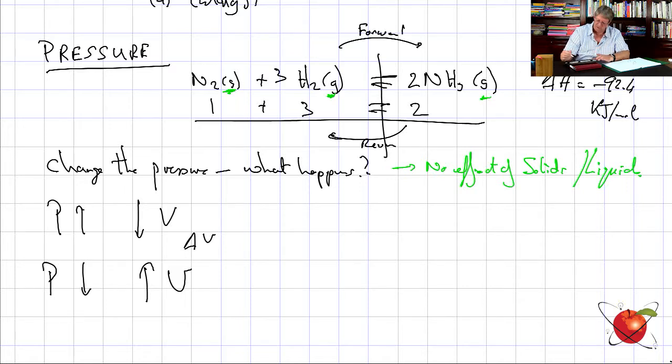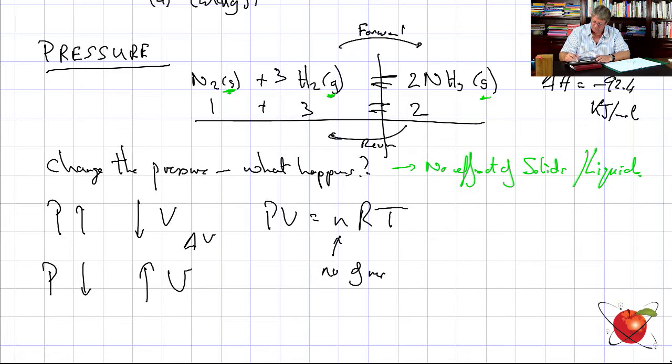So for pressure, you also need to remember PV equals nRT. What does that mean? Well, n here is the number of moles. R is the molar gas constant.